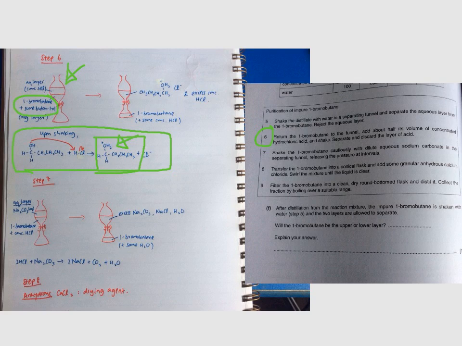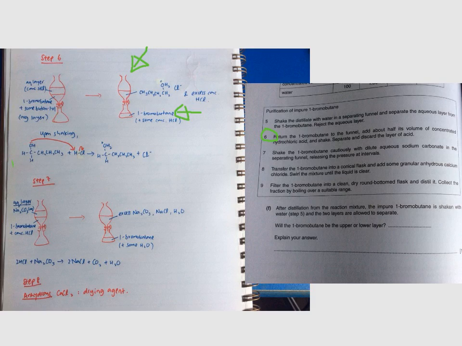Therefore, when you look at the resulting separating funnel over here, after you release the organic layer, you should be able to get only the 1-bromobutane. All of the butan-1-ol should already be in the aqueous layer now by this step 6.